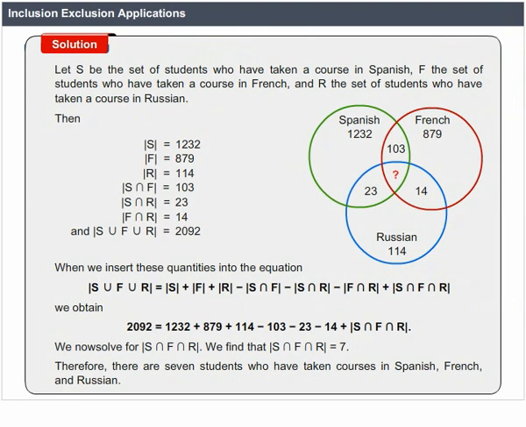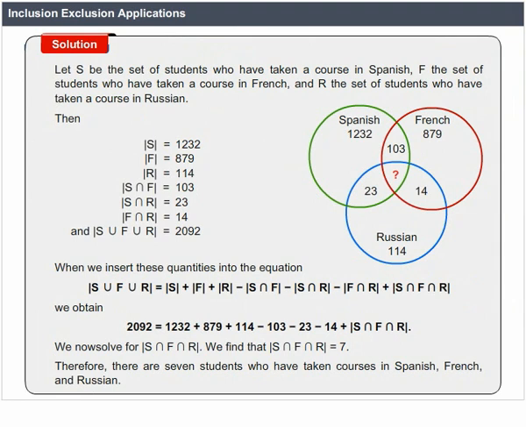When we insert these quantities into the equation, |S ∪ F ∪ R| = |S| + |F| + |R| − |S ∩ F| − |S ∩ R| − |F ∩ R| + |S ∩ F ∩ R|, we obtain 2092 = 1232 + 879 + 114 − 103 − 23 − 14 + |S ∩ F ∩ R|.